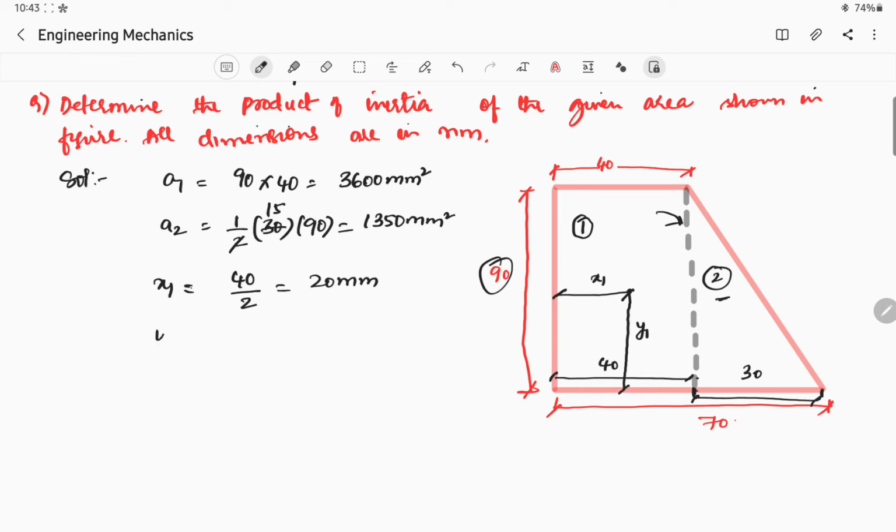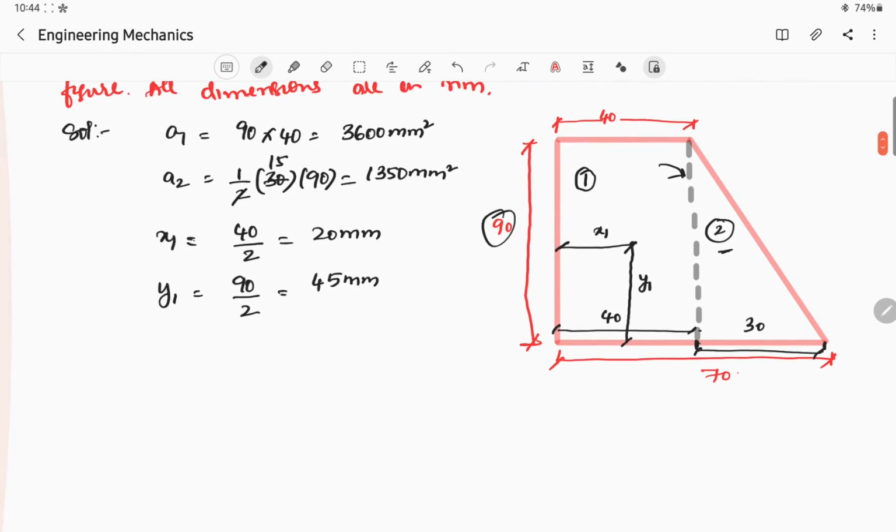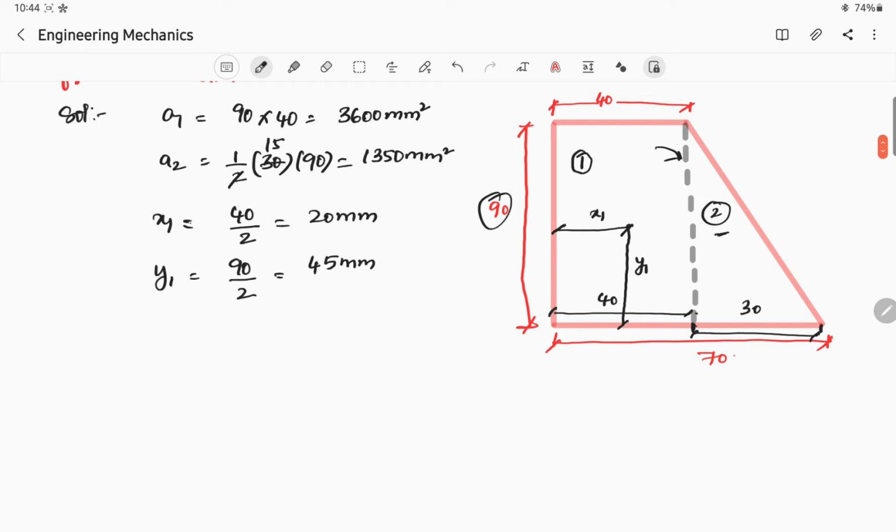What about y1? The total height is 90, so 90 by 2 is 45 mm. So we got the values of x1 and y1. Now we will go for x2 and y2. Suppose somewhere here we have the centroid of the triangle. What will be the distance from this point to this point?